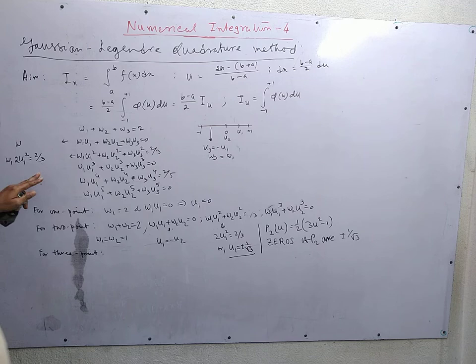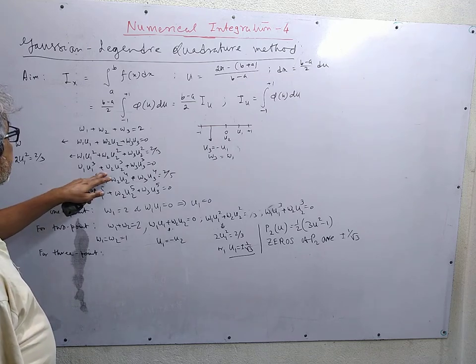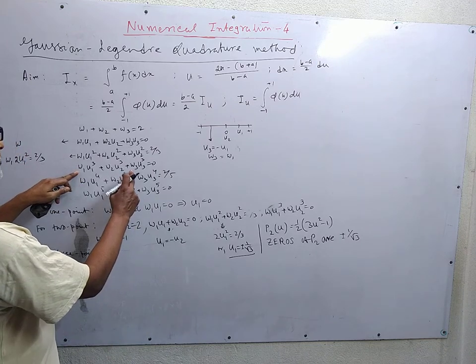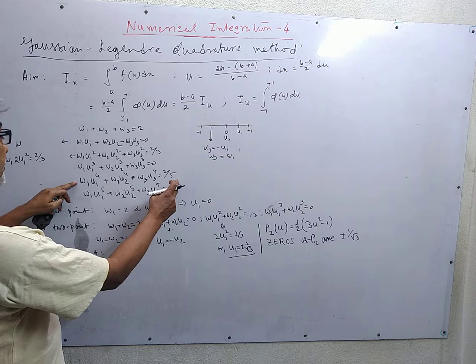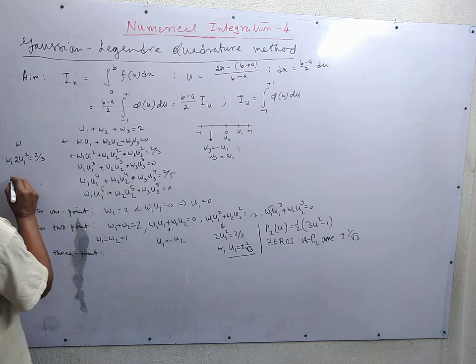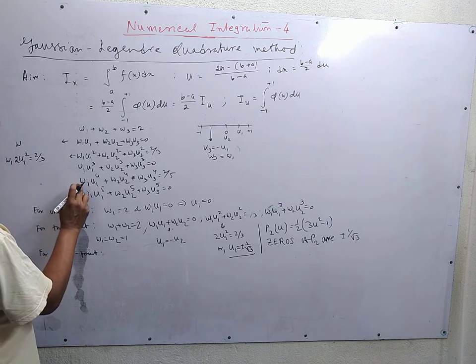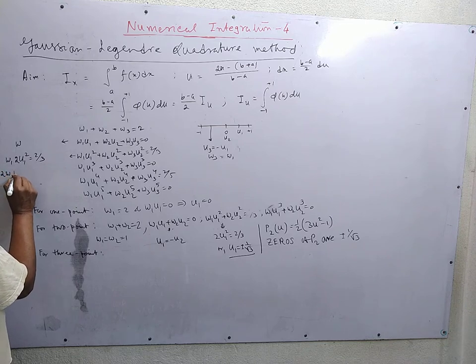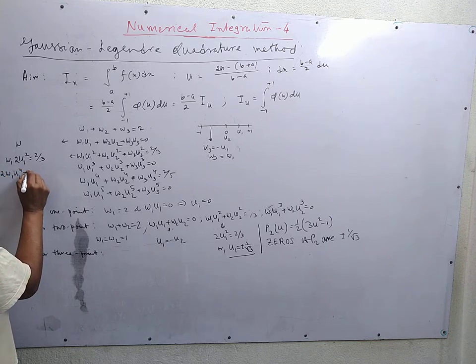So this is one important relation, and from this relation we get w1 and w3 equal, and this equation may be utilized to get the other result. This is twice w1 u1 to the power 4 is equal to 2 by 5.